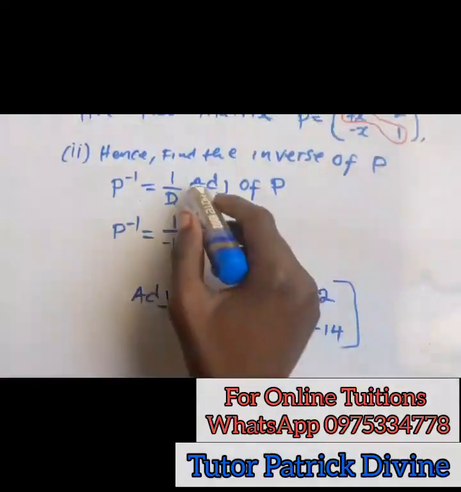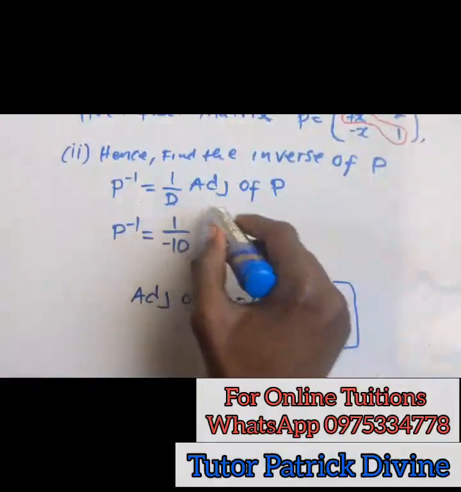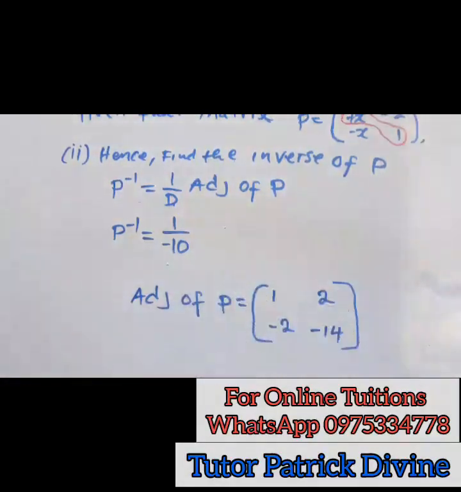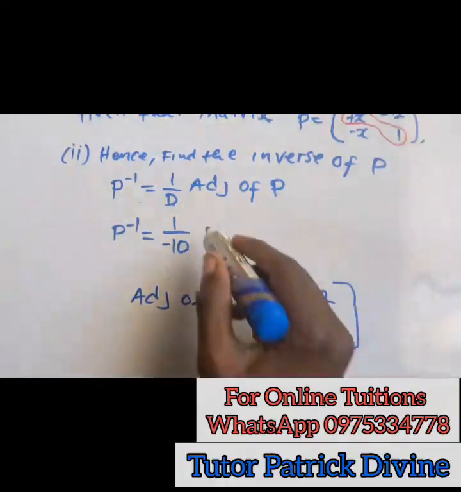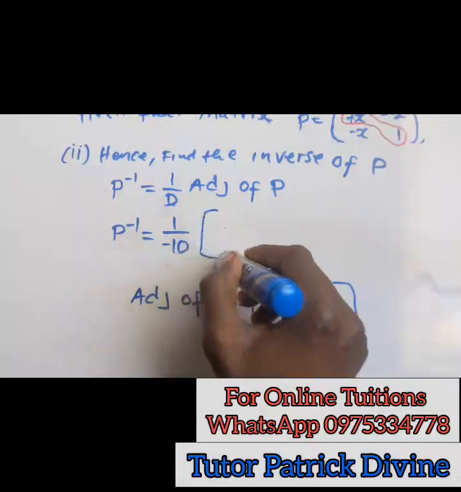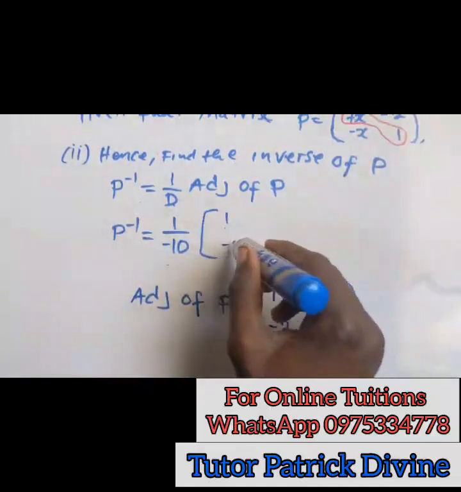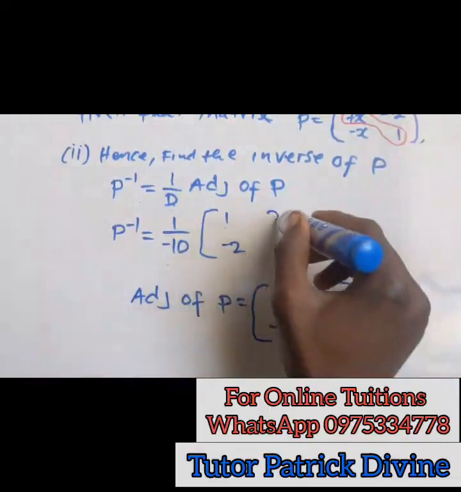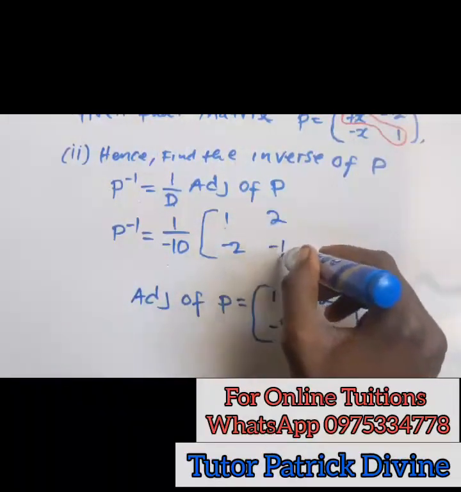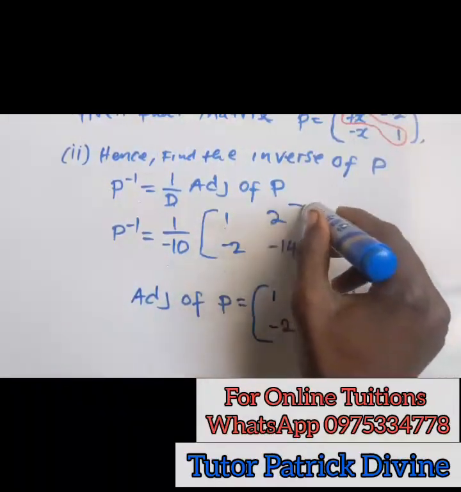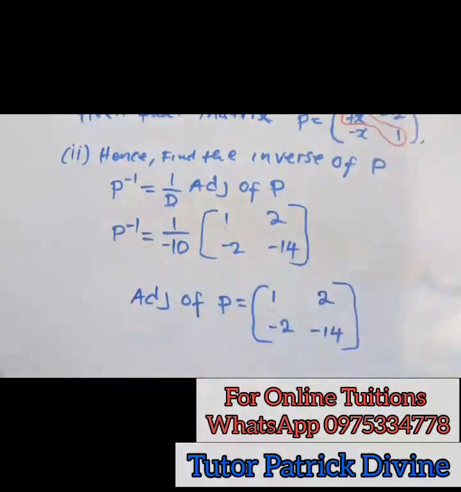Then multiplied by the adjoint of P, which we've already found: 1, negative 2, 2, negative 14.